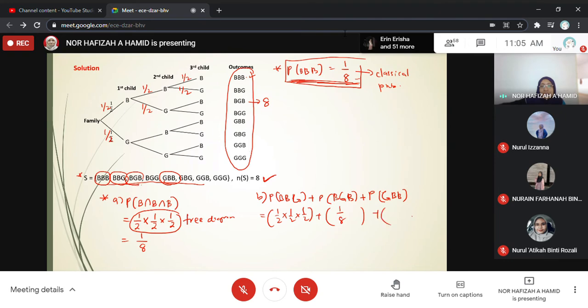So in total you have 3/8. Okay, so this is based on the tree diagram, to calculate the probability.